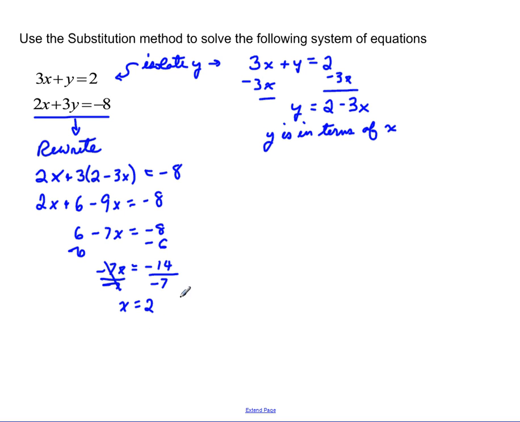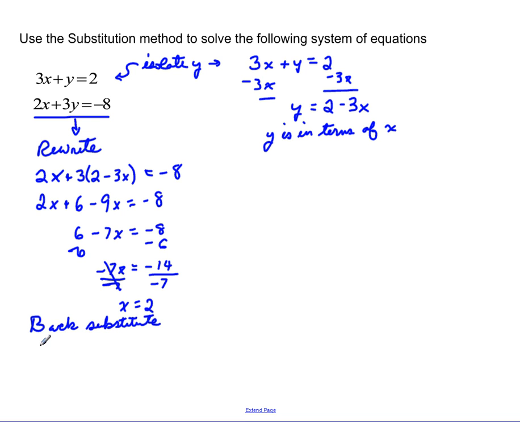All right. Now what we should do is back substitute this into the original equation and see what happens. We could use either one of the original two. So the next step is to back substitute. Back substitute means we take the value we just found and put it into one of the two original equations.